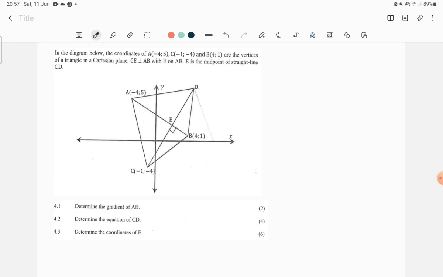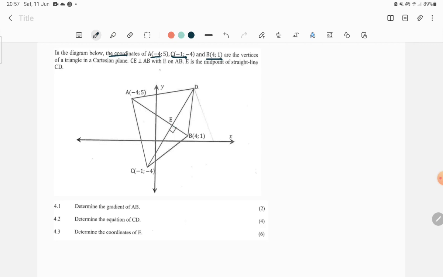Paper 2, 2022. This is question 4. It reads as follows. In the diagram below, the coordinates of A, C, and B are the vertices of a triangle in a Cartesian plane.